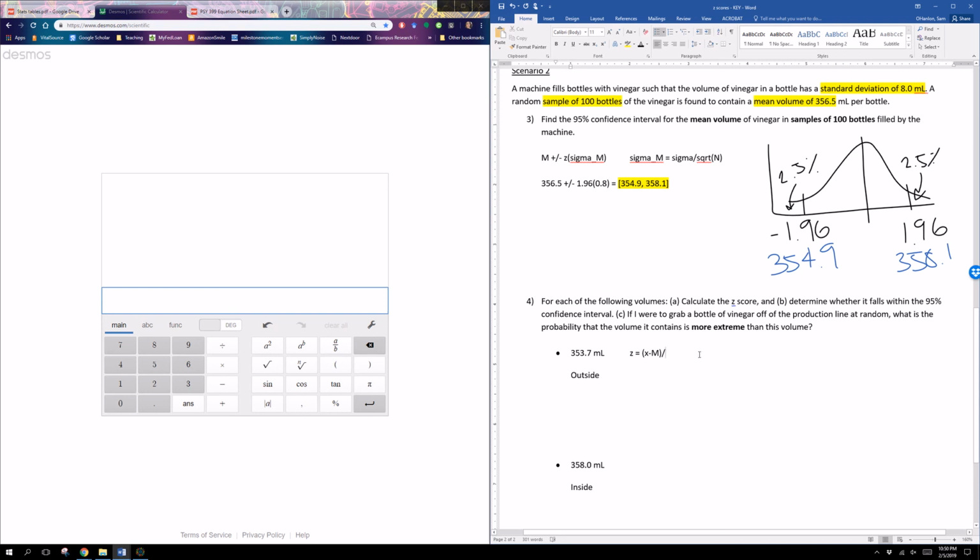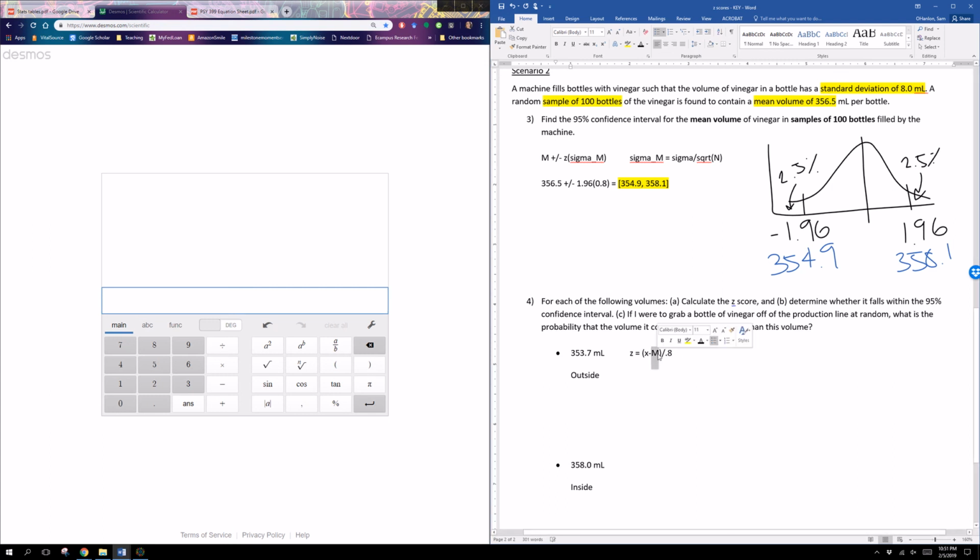So sigma is 8, and we are dividing by square root of our n, which was 100. Now we can simplify this. Square root of 100 is 10. That's pretty easy. And 8 divided by 10 is 0.8. So that's nice and simplified.